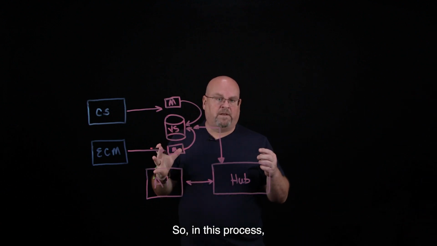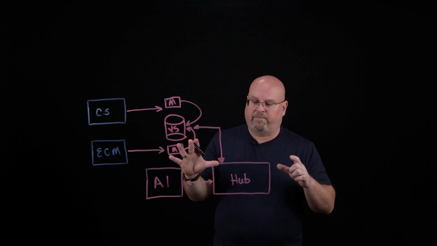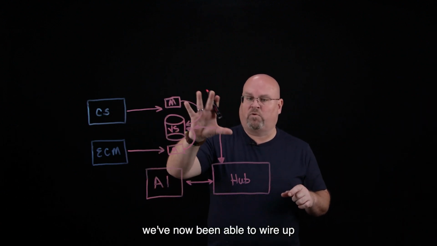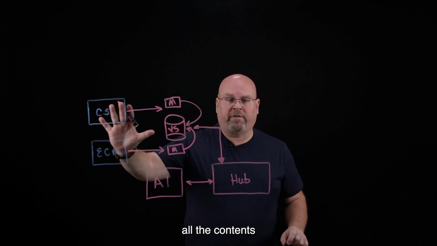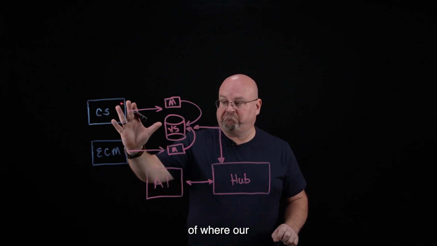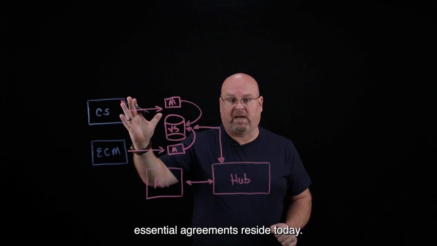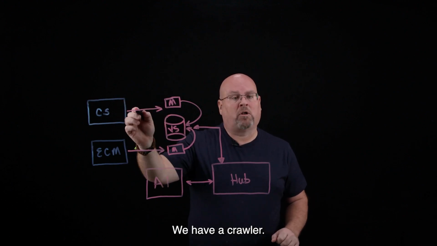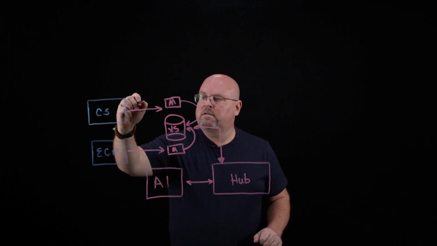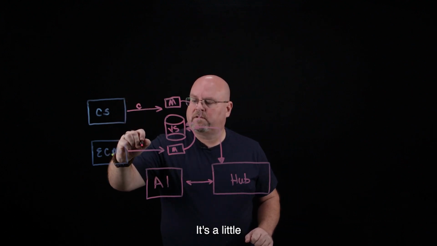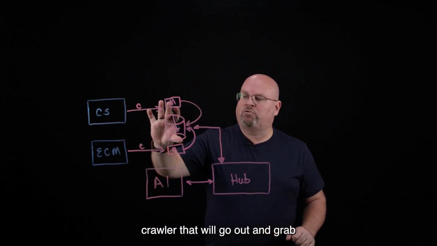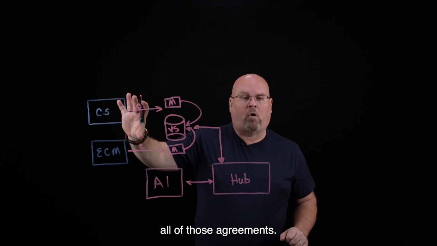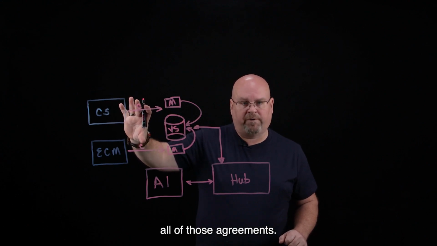So in this process, we've now been able to wire up all the contents of where our essential agreements reside today. So minimal impact. We have a crawler, this little crawler, that will go out and grab all of those agreements.